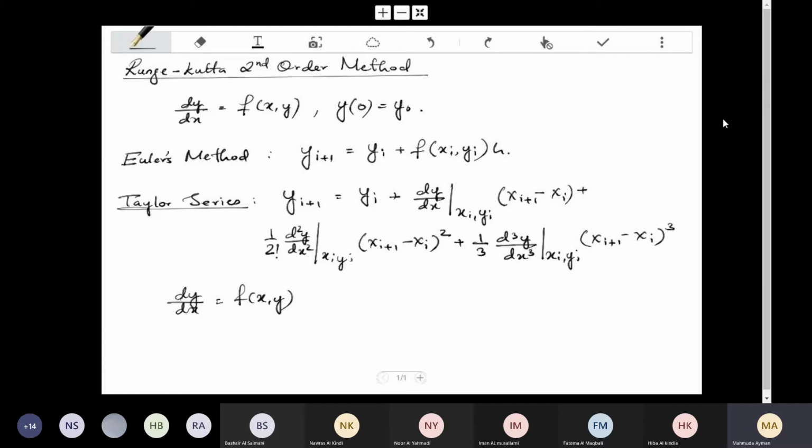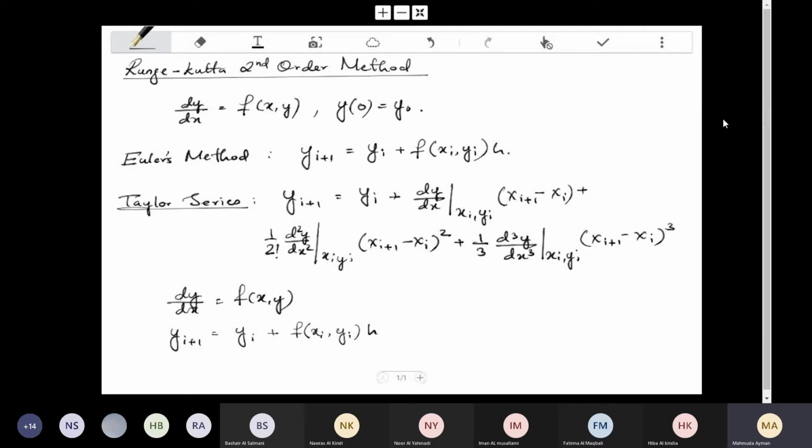So you will have y i plus 1 is equal to y i plus, replacing dy by dx by f of x, y, so we'll have f of x i comma y i times h.